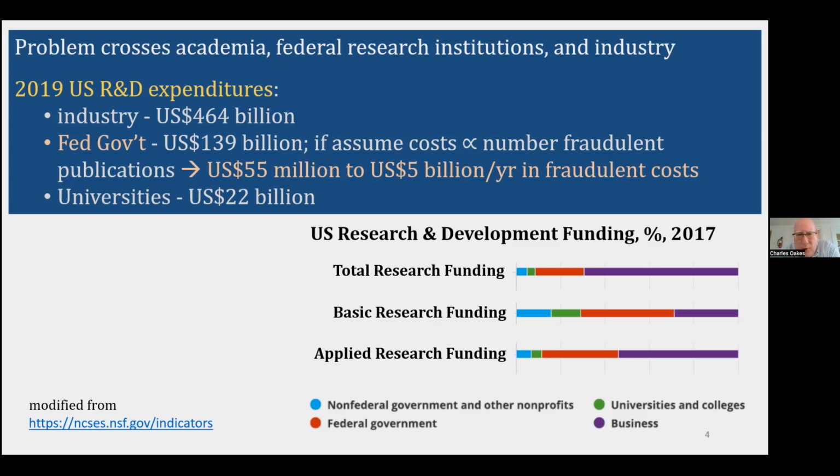If you apply the 4%, you're up closer to $5 billion. That's a lot of money. So you'd think that the government as well as industry would be paying attention to the amount of work that they're paying for in R&D spending that is wasted due to fraud.